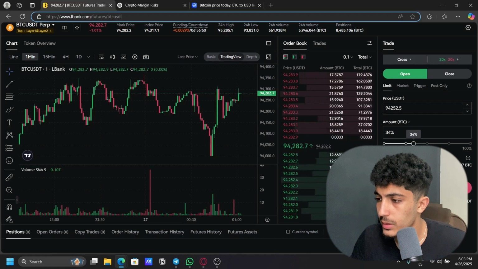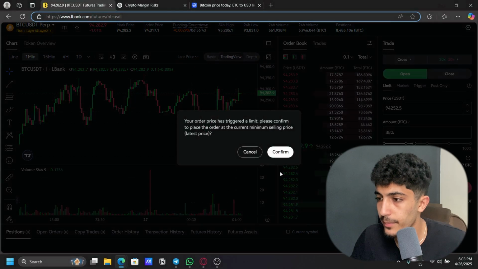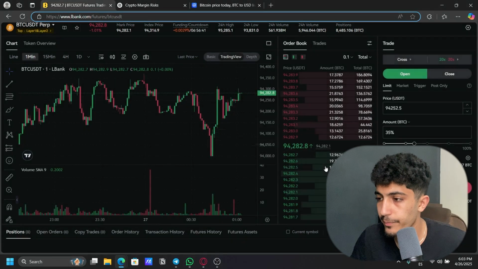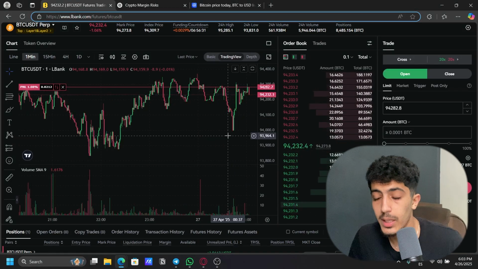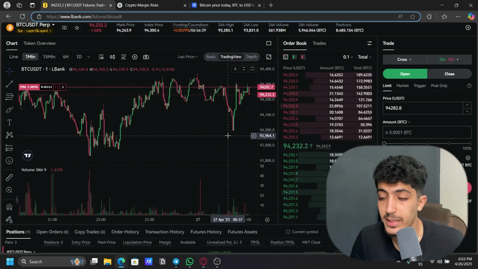As we can see here, it's 100 USDT. So we will open a short trade from here, then we'll confirm it, and that was all.